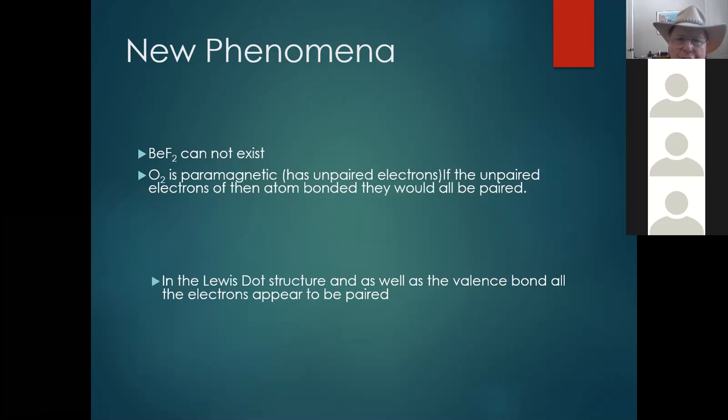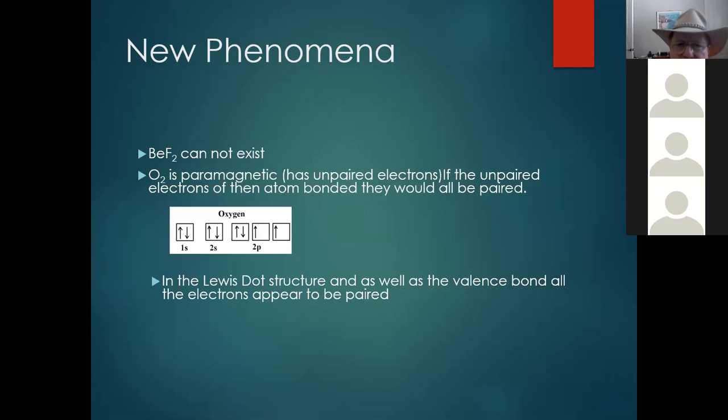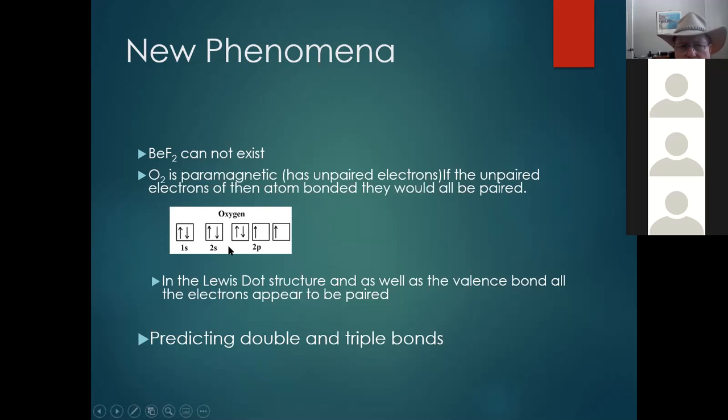In the Lewis dot structure, as well as valence bond theory, all of the electrons in O2 appear to be paired. So we have to figure out, if I have one oxygen mixed with another oxygen, basically the two p's would overlap and I would have all the electrons paired.